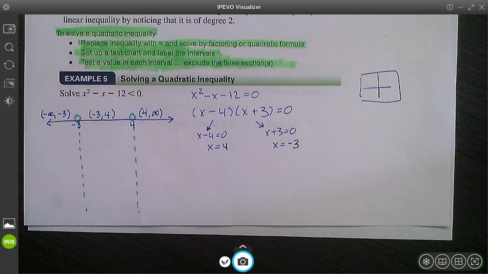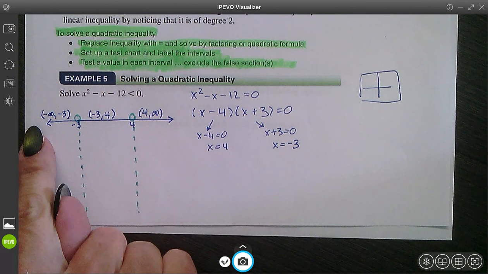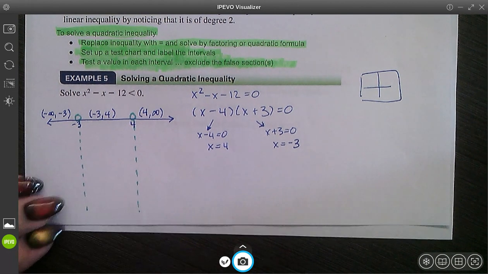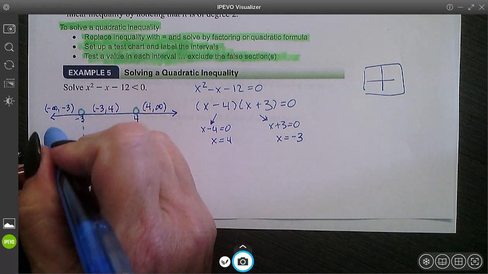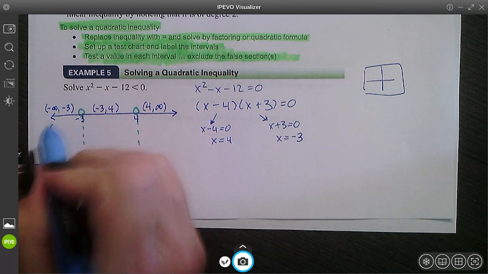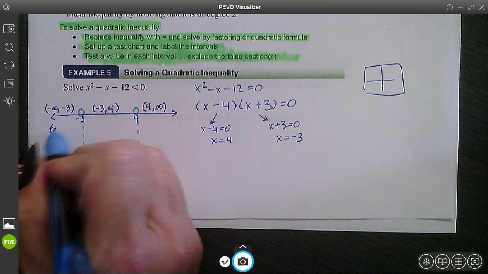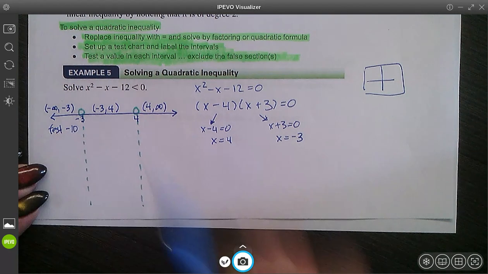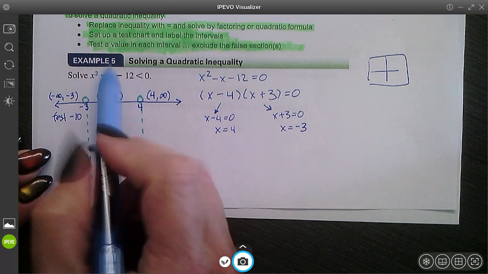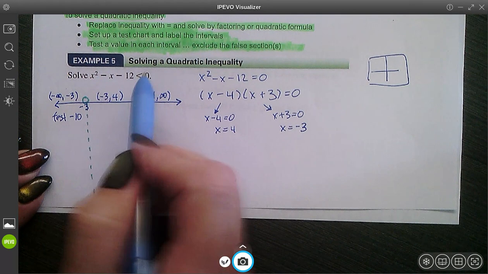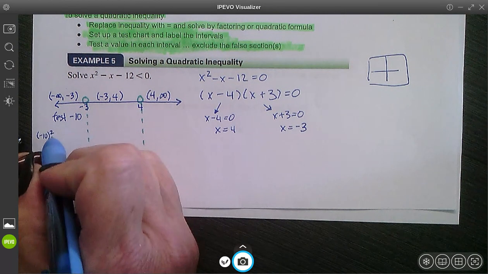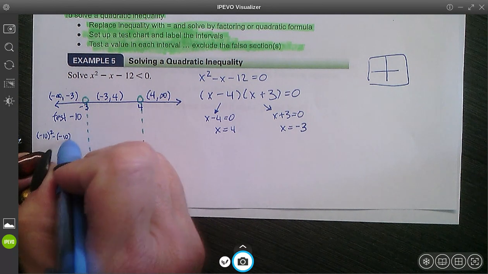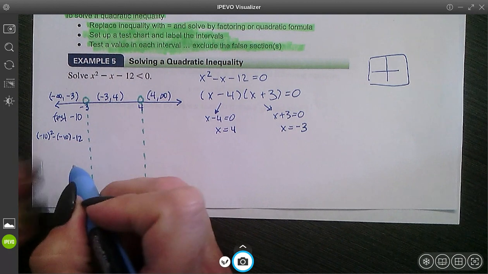What we need to do is pick a number between negative infinity and negative 3. It's your choice on what you choose. I'm just going to pick negative 10. So I'm going to test negative 10, which means I'm going to replace all of my x's with negative 10s. So I've got negative 10 squared minus negative 10 minus 12.